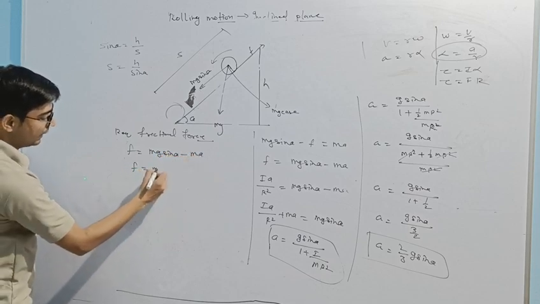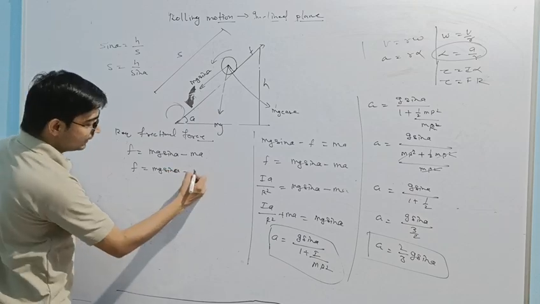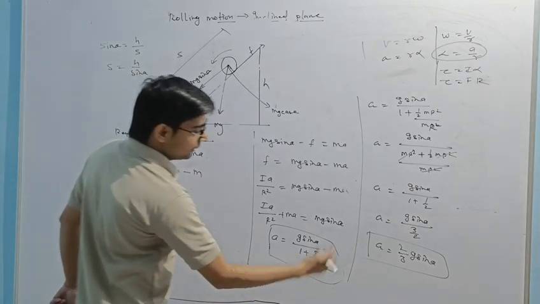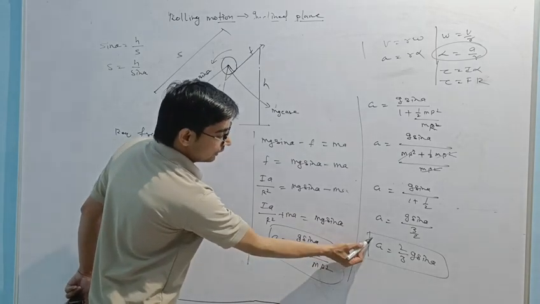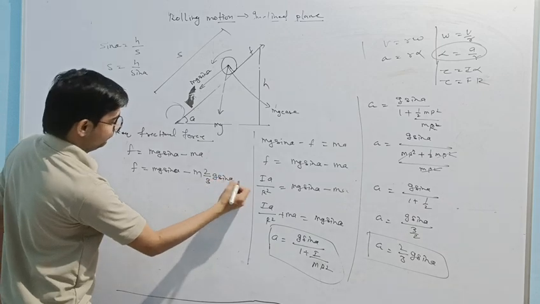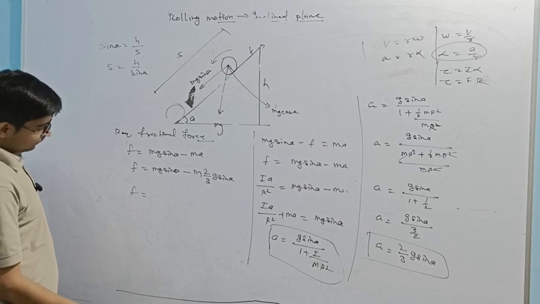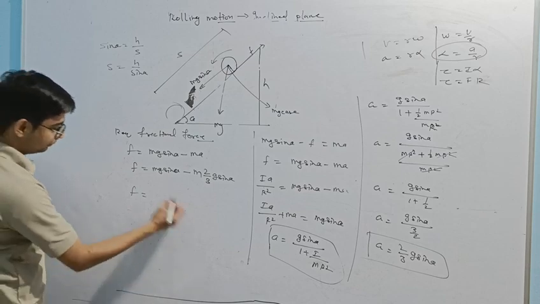F equal to mg sin theta minus m into a. A for solid cylinder is 2 by 3 g sin theta. F equal to, take common, mg sin theta will be common.